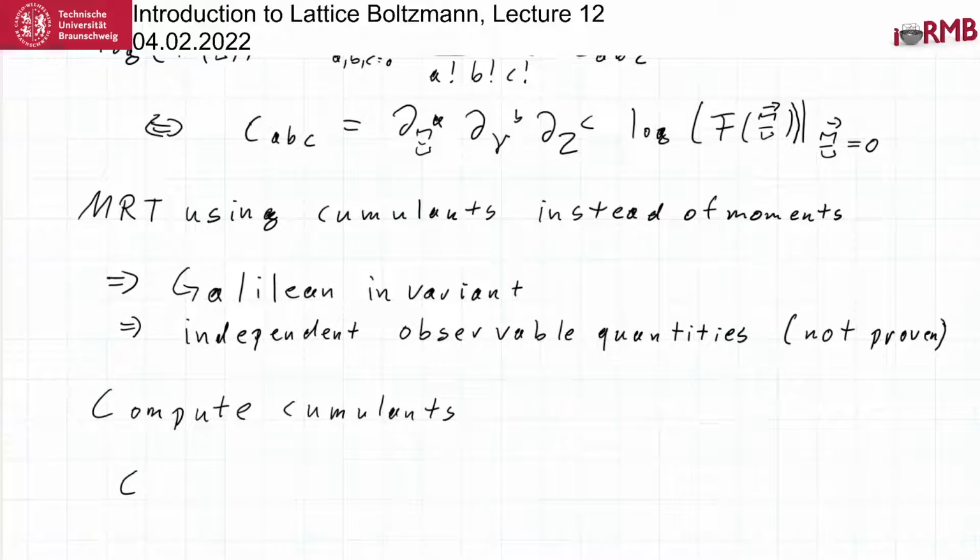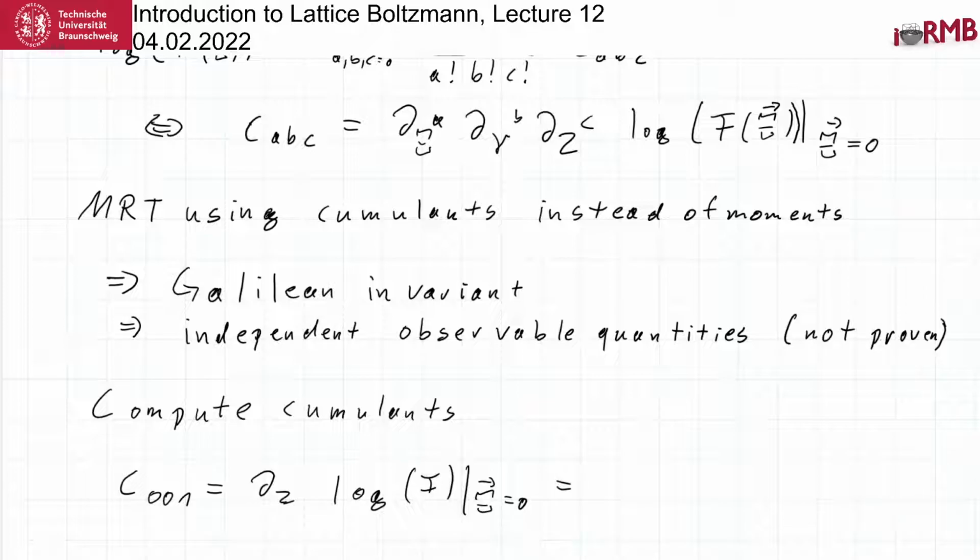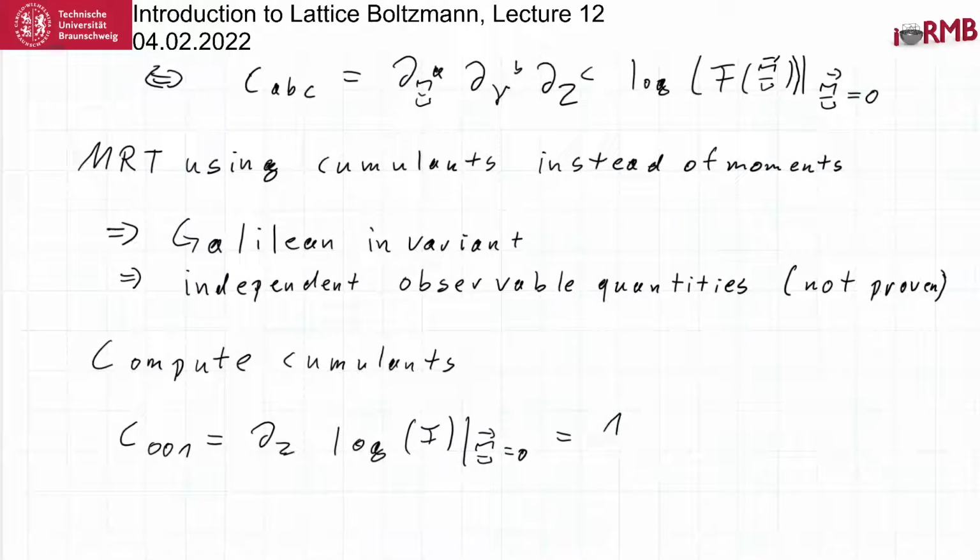So we see that c001 is supposed to be the derivative in z direction of the logarithm of f for xi equal to 0, and this can also be written, so we have to use the chain rule in this, so we get 1 over f times d_z f at xi equal to 0.